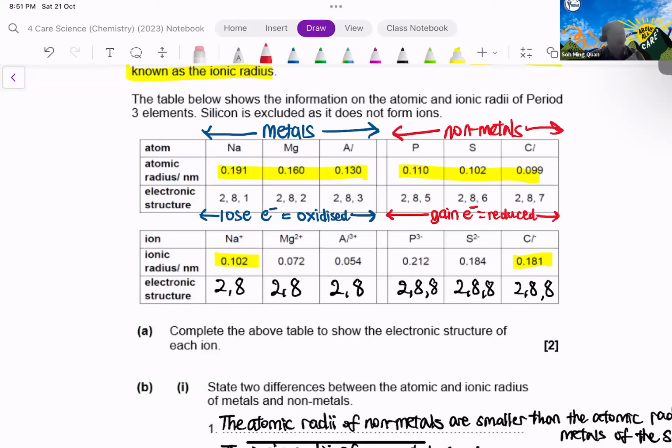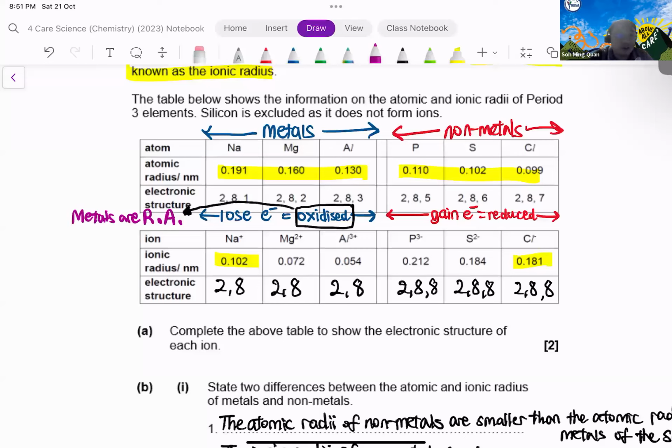And this brings us to the next important conclusion. If metals lose electrons and are oxidized, if something is itself oxidized, it is a reducing agent. So metals are reducing agents. Can we please take this down? Metals are good reducing agents because they can be easily oxidized themselves.